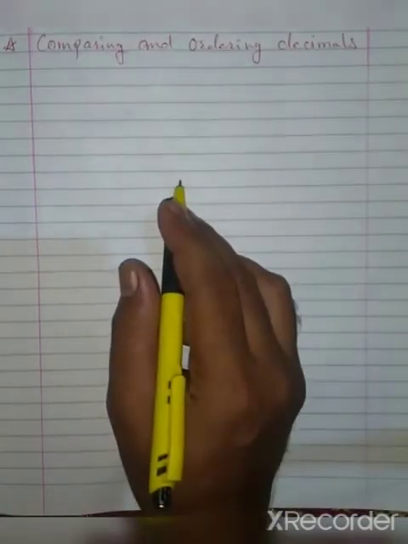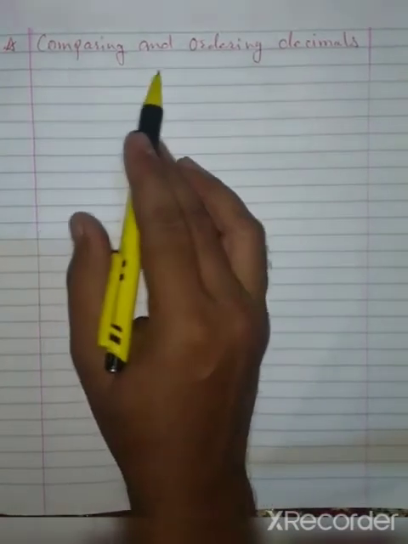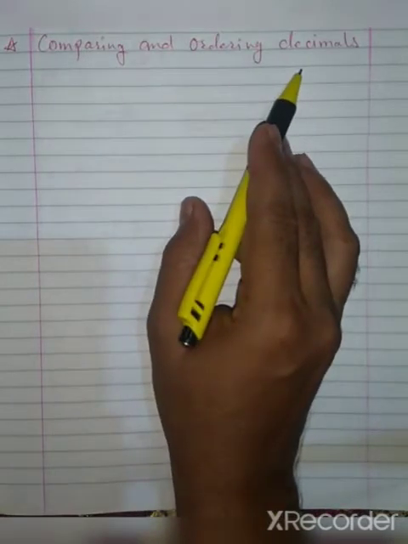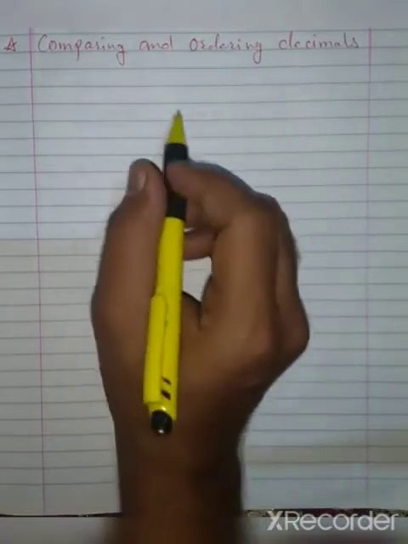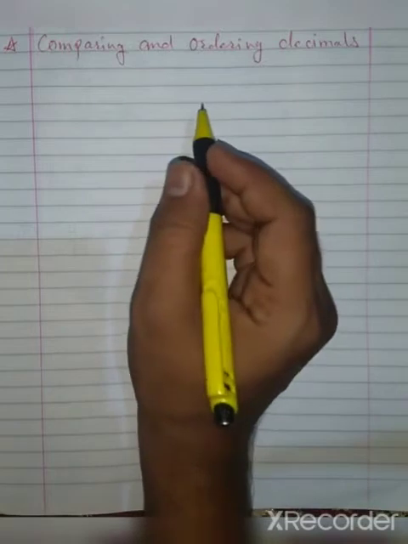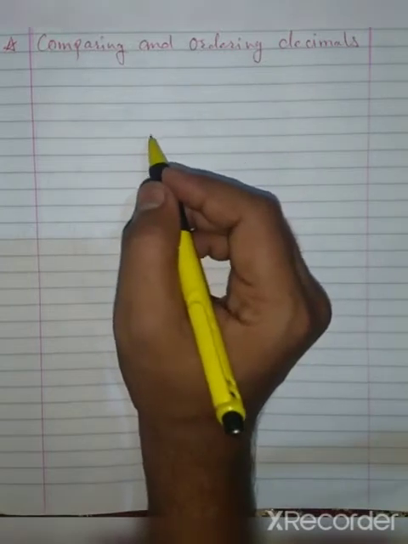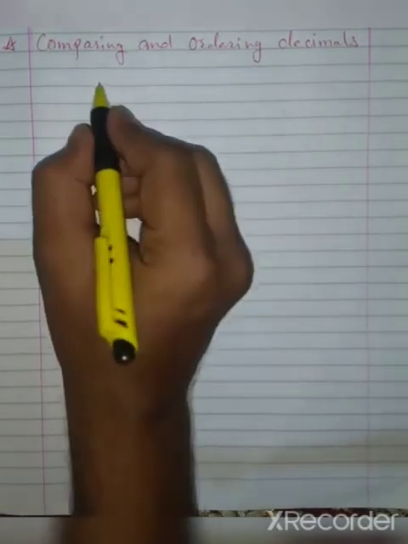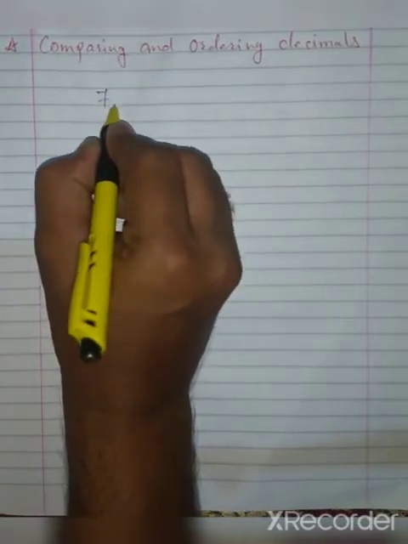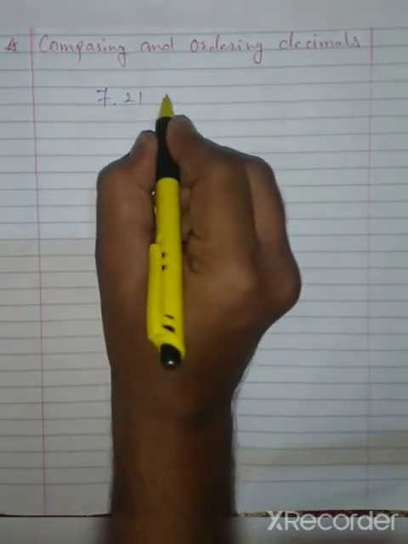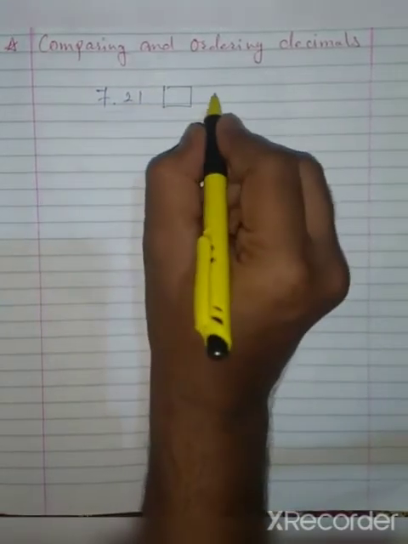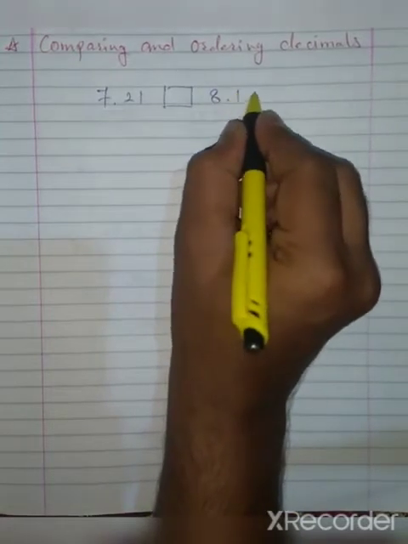Now our other topic is comparing and ordering decimals. To compare two or more decimals, or to order them, first of all we have to convert them into like decimals. Suppose one question I am writing here, 4.21. We have to compare this decimal with 8.16.